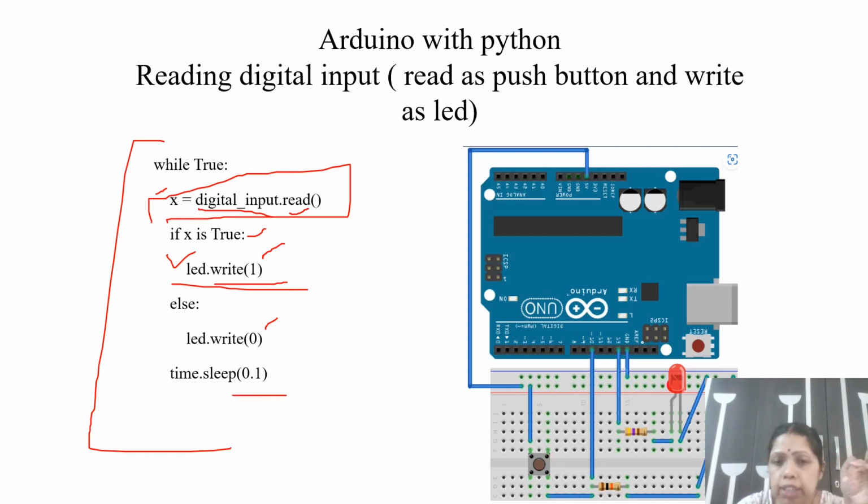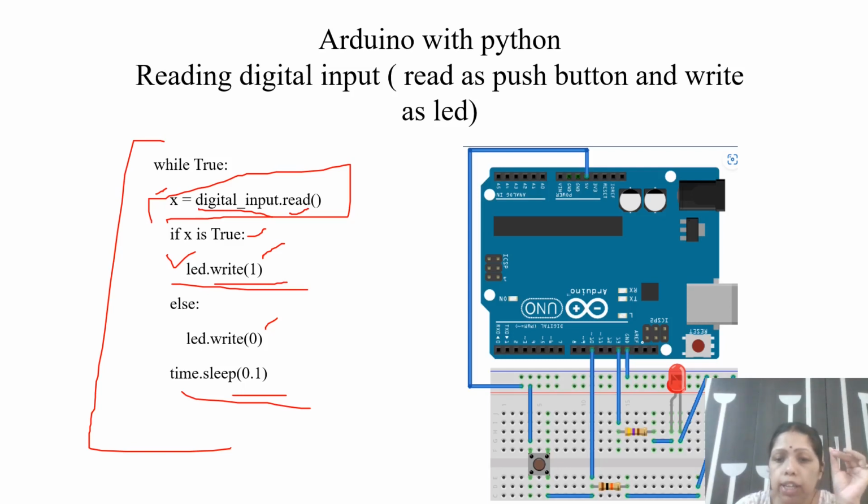If the switch is pressed, then turn on. If the switch is not pressed, then turn off. So again you need to execute this program, and for that you have to wait for 0.1 millisecond. I think it is clear.